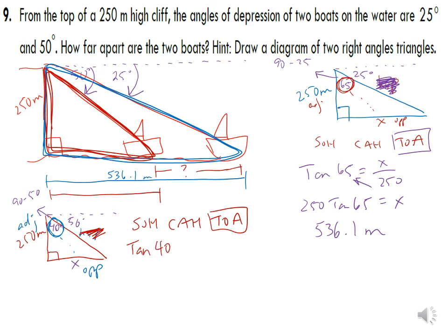Tan 40 goes in order, O over A, X over 250, cross multiply, 250 tan 40 equals X. Type that in your calculator just like you see it. 250 tan 40. One decimal place, 209.8 meters equals.